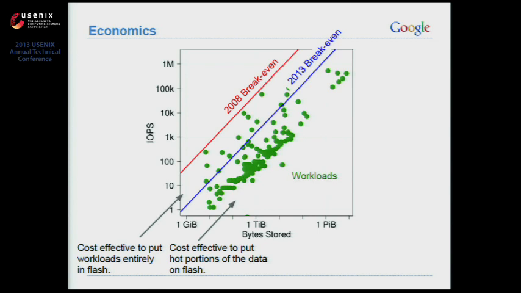But the 2013 break-even line is lower, and there are now several workloads which are cost effective to place entirely in flash. But this is not all we are doing. By separating out the hot data from all the workloads below, we get a further cost benefit by just moving some parts of the workloads' data from disk to flash.